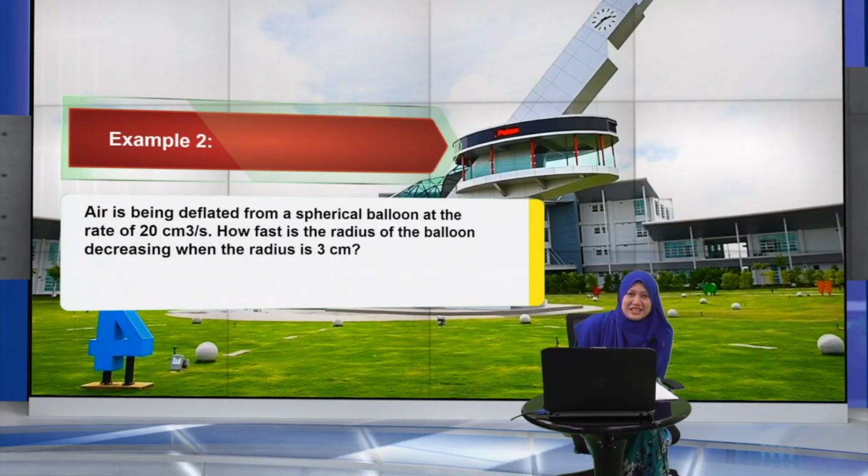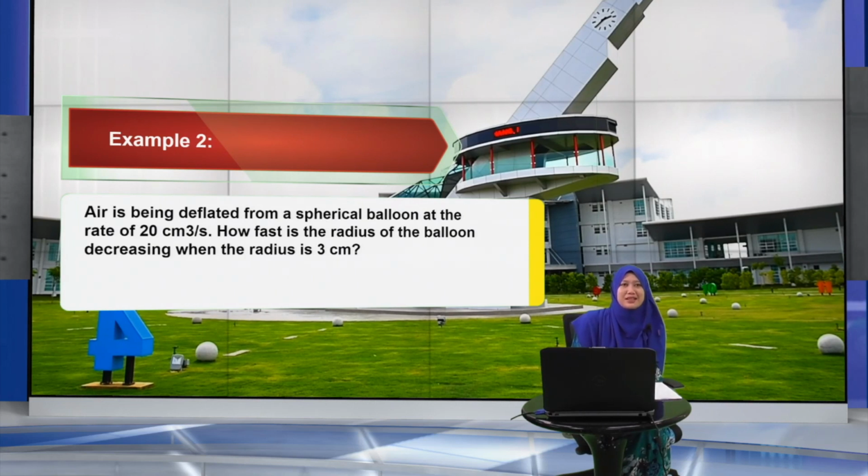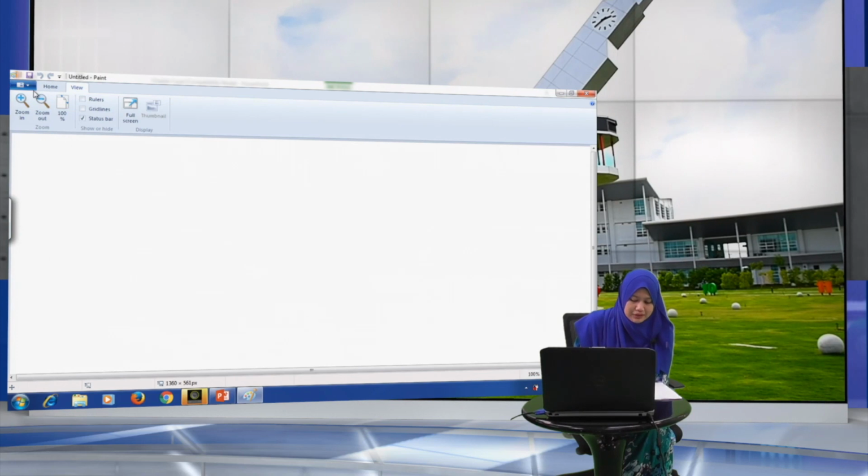Okay. Example 2. Air is being deflated from a spherical balloon at the rate of 20 cm cube per second. How fast is the radius of the balloon decreasing when the radius is 3 cm? Okay, we are talking about a spherical balloon. Let's sketch the spherical balloon.